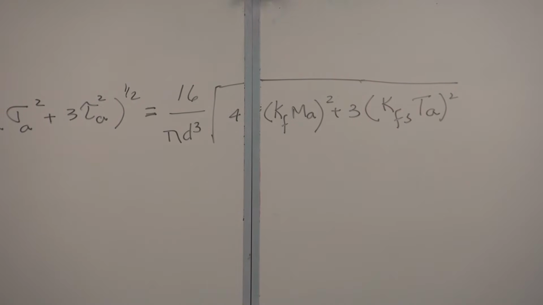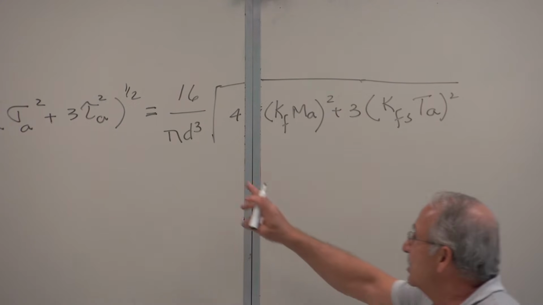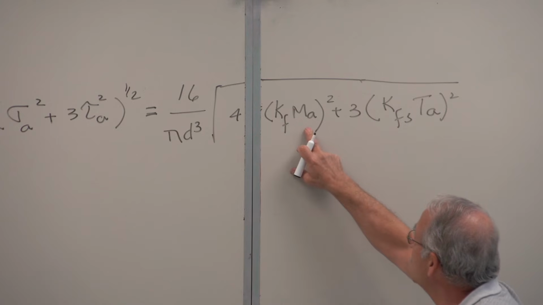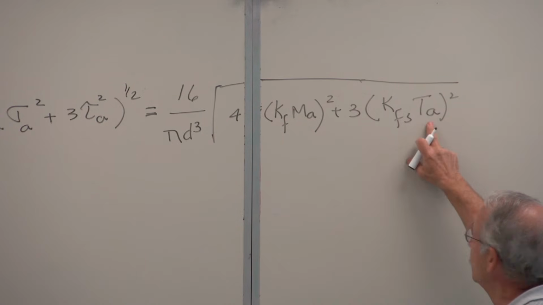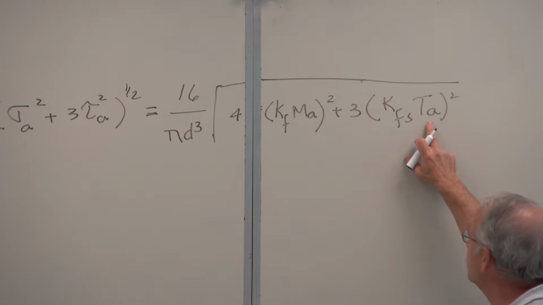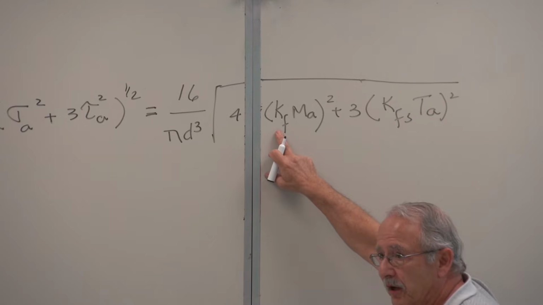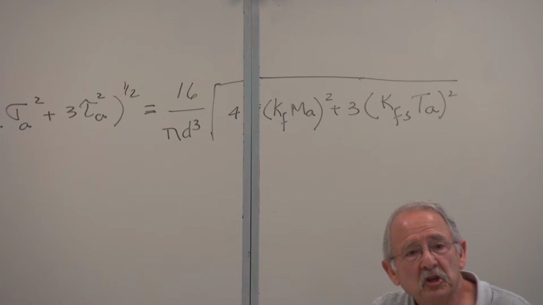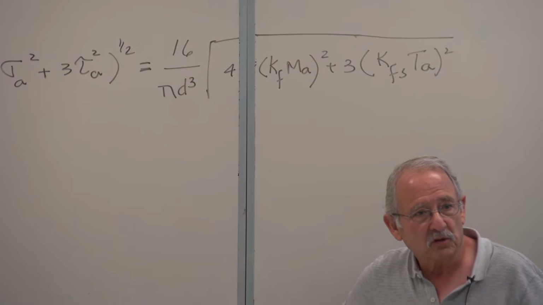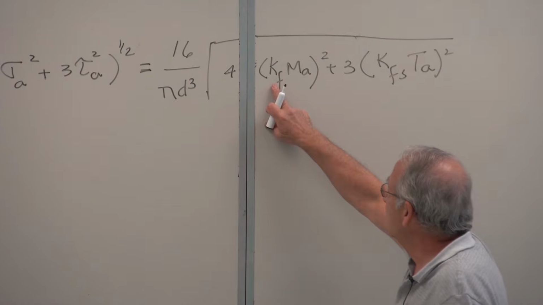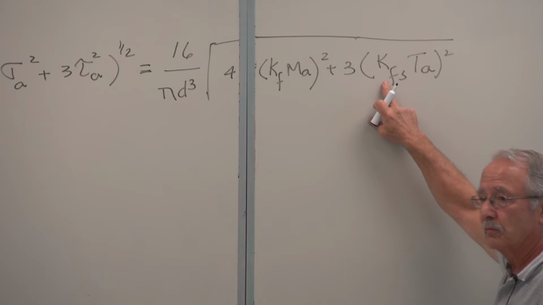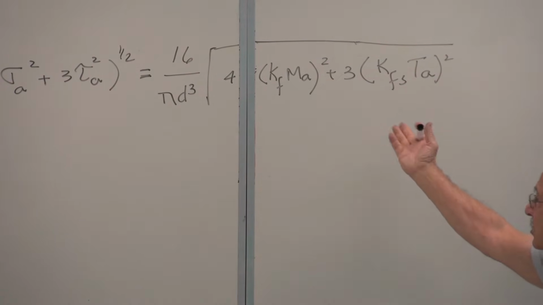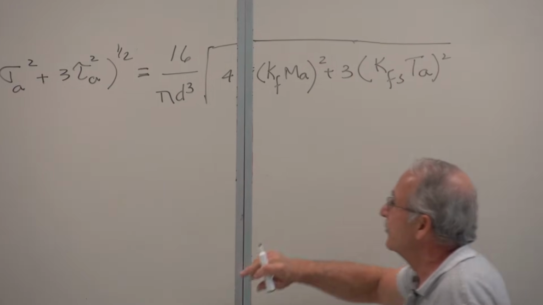This is exactly the same equation as before. 16 divided by pi d cubed, 4 m squared, 3 t squared. The only thing that's been added here is kfs and kf. These are stress concentration factors, fatigue stress concentration factors. One for bending, one for torsion. Remember that it doesn't matter if you multiply the stress by that or the moment.